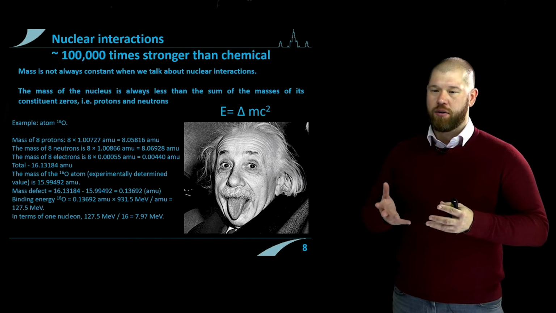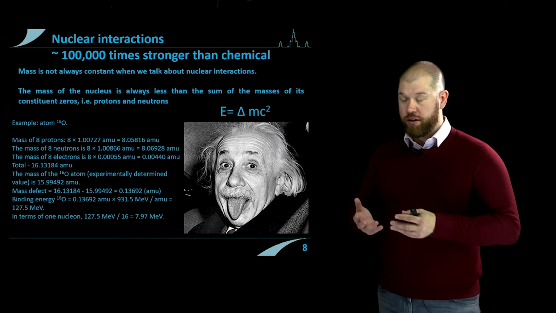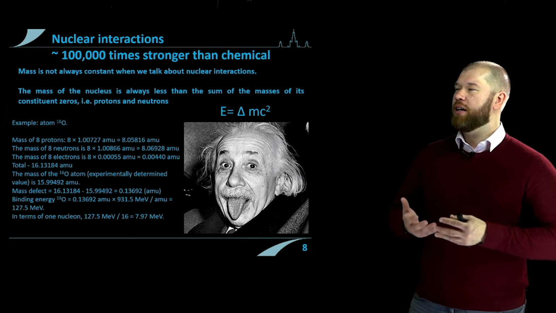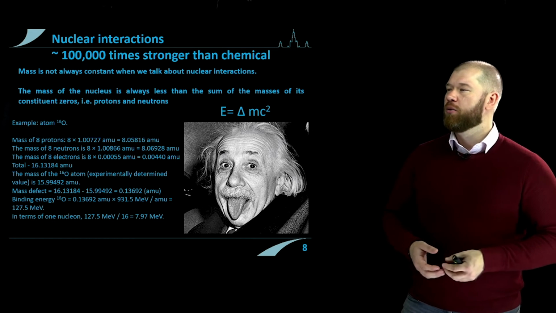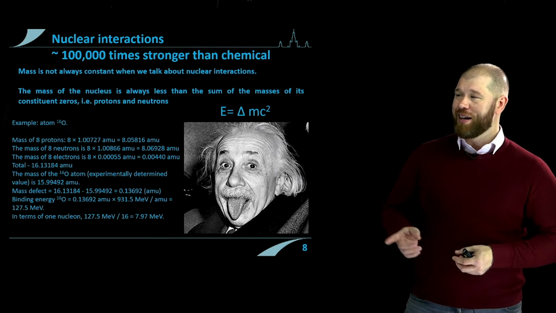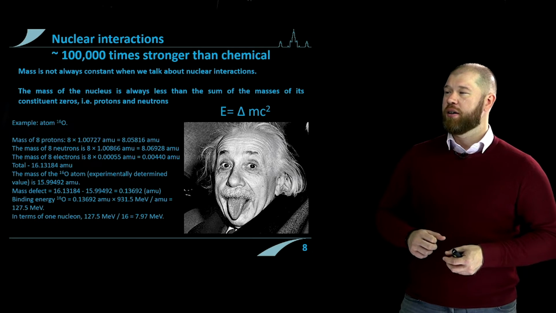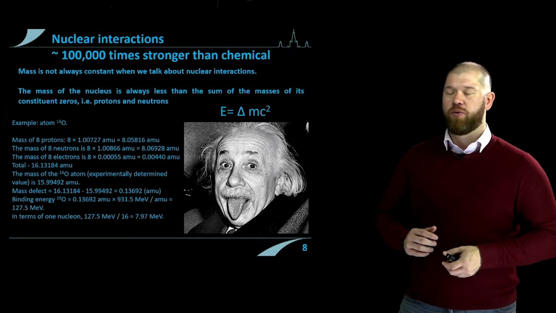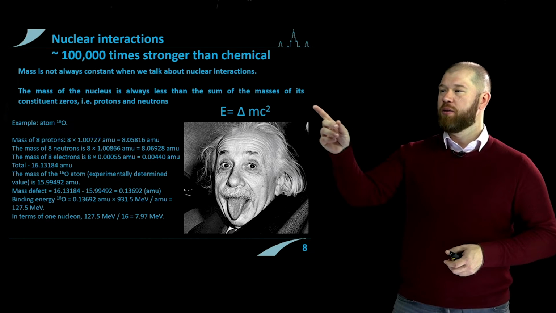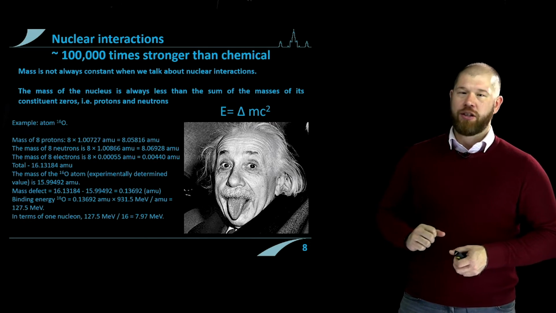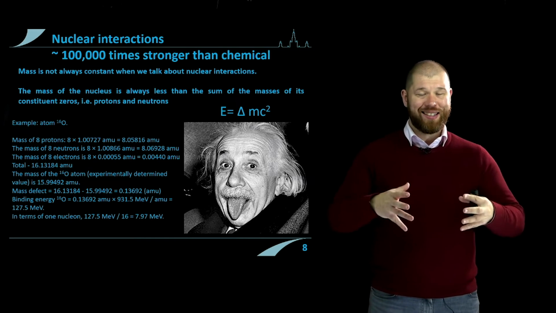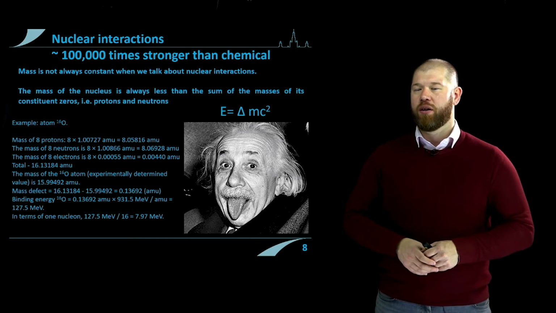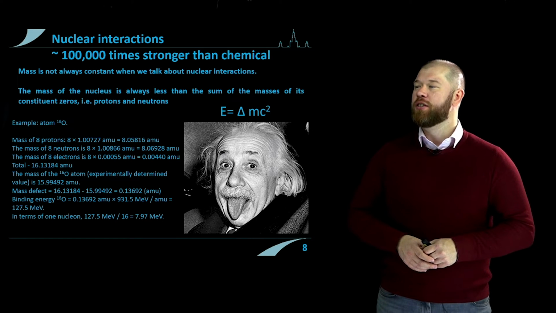That is determined experimentally by mass spectrometry, for example. And we can calculate the mass defect, and from this value of mass defect we can calculate, using this expression, the energy of nuclear interaction inside the nucleus of the atom of oxygen-16.